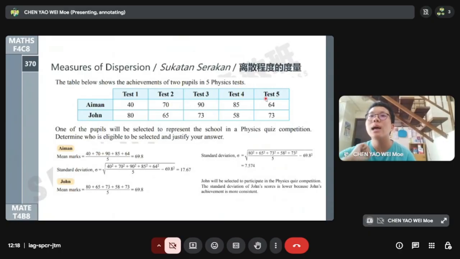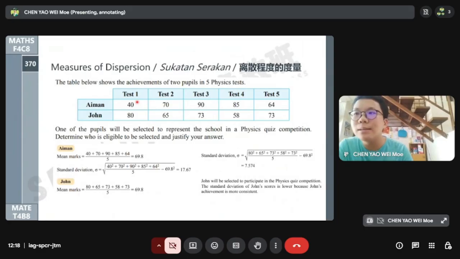The teachers already marked their tests, so the result of the test is already displayed here. One of the pupils will be selected to represent the school in a physics quiz competition. Determine who is eligible to be selected and justify your answer.